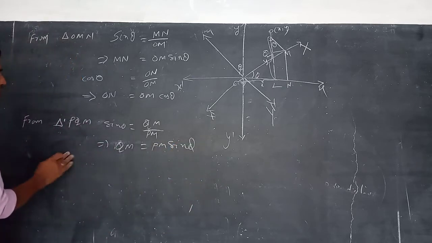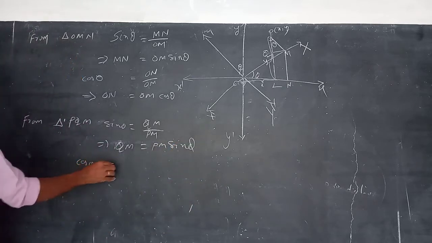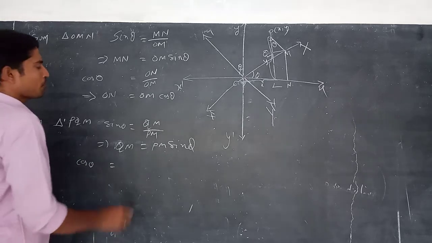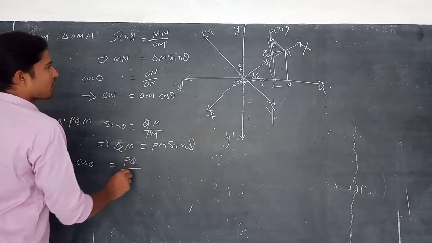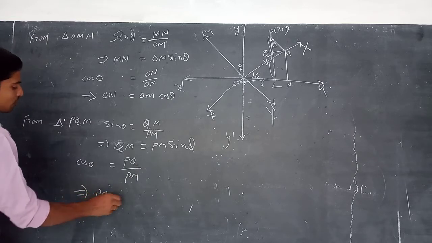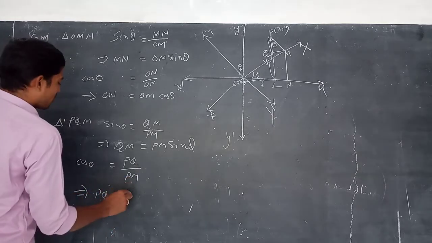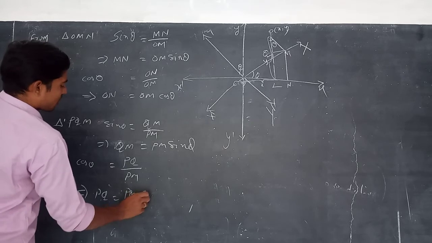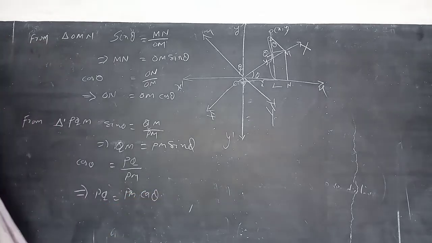At the same time, cos theta equals PQ by PM, implies PQ is equal to PM cos theta, right?